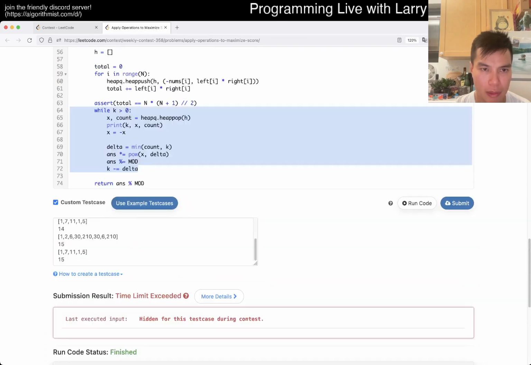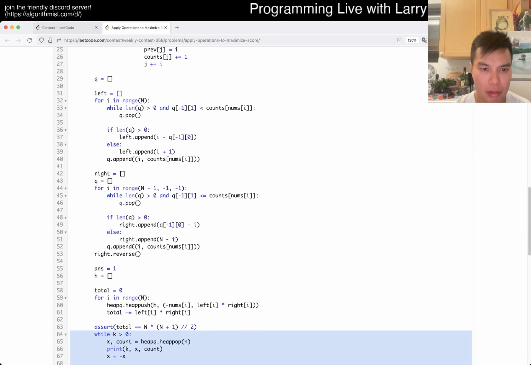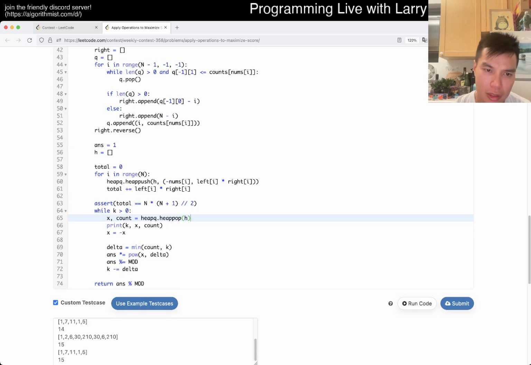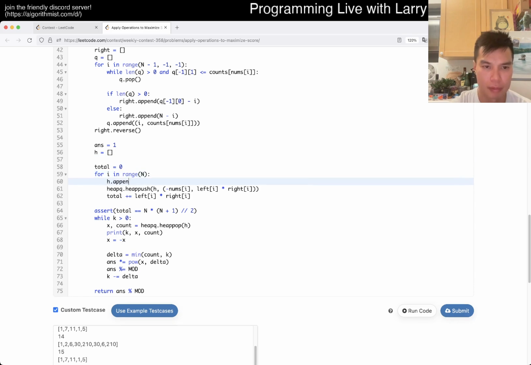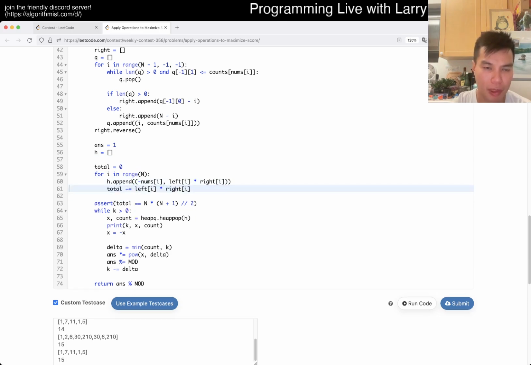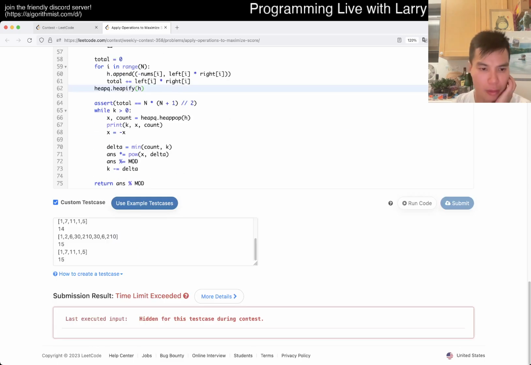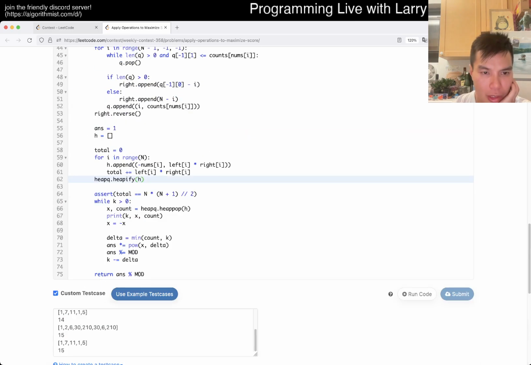Yeah, I mean, it's reasonable. Why is it so slow? Do I do something funky? It's just 100,000 heap, right? But that doesn't even matter, the heapify. I don't get it.